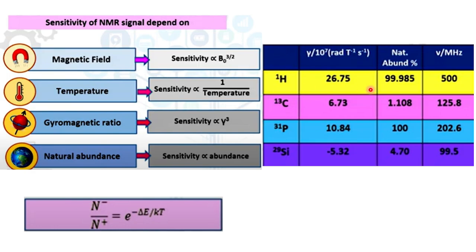So in case of 1H, 99.985% is NMR active. But 13C is a very small amount, only 1.1% is NMR active.